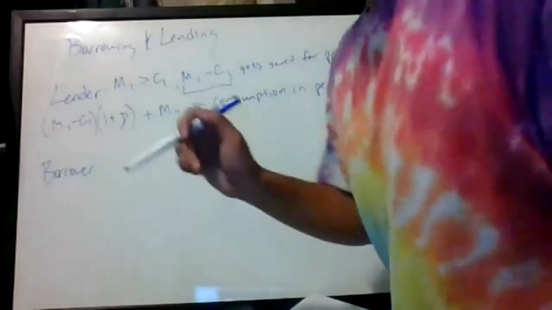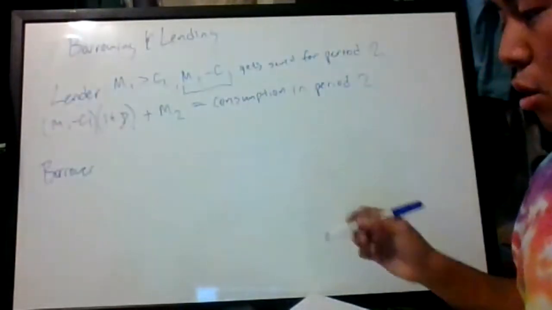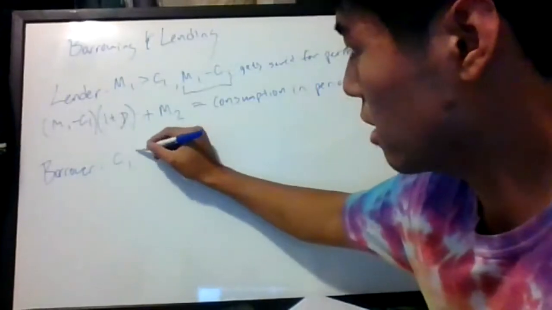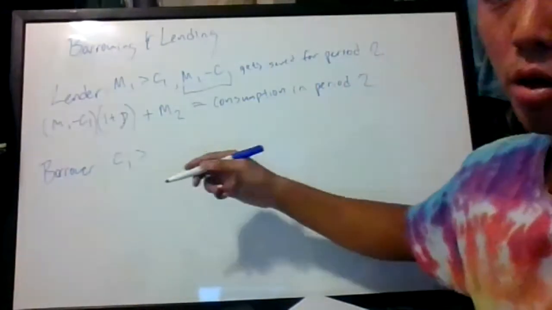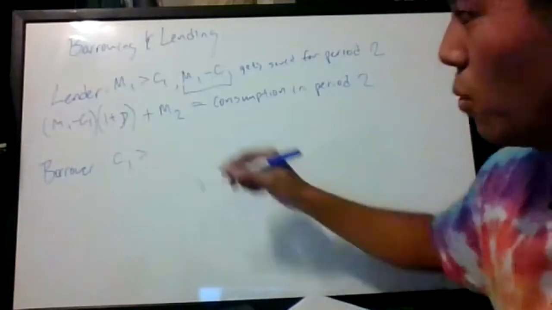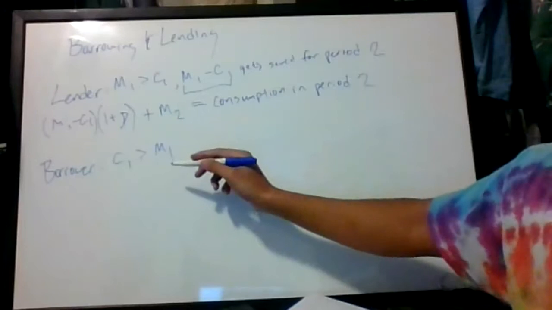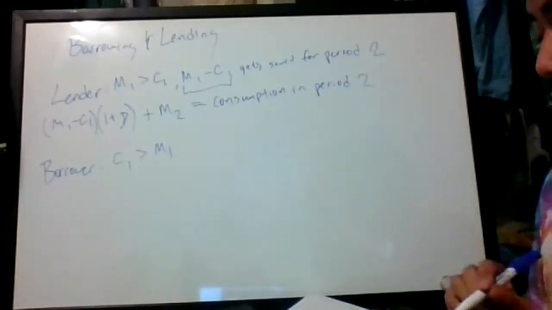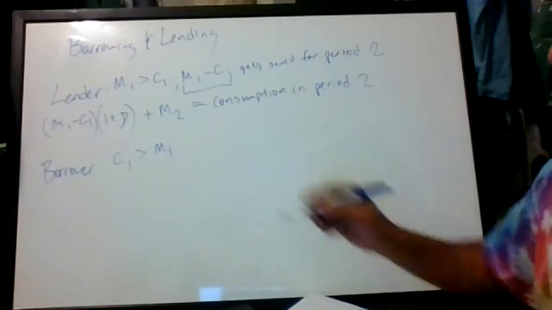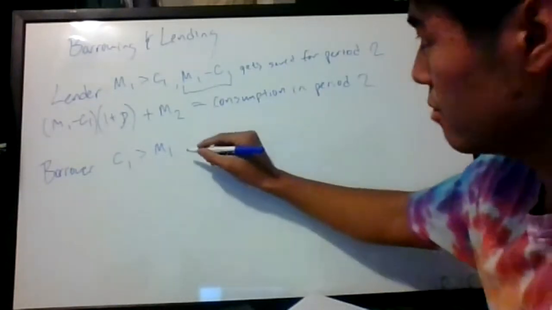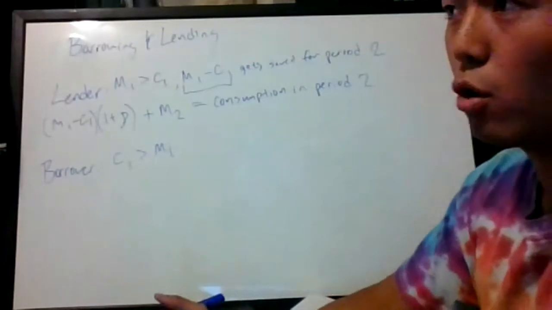All right, so let's look at what it means to be a borrower in this case. When someone's a borrower, we're going to say that the amount of money or consumption that they have in period one is going to be more than they were given. And so what happens when this situation occurs is that we have to borrow from the future.